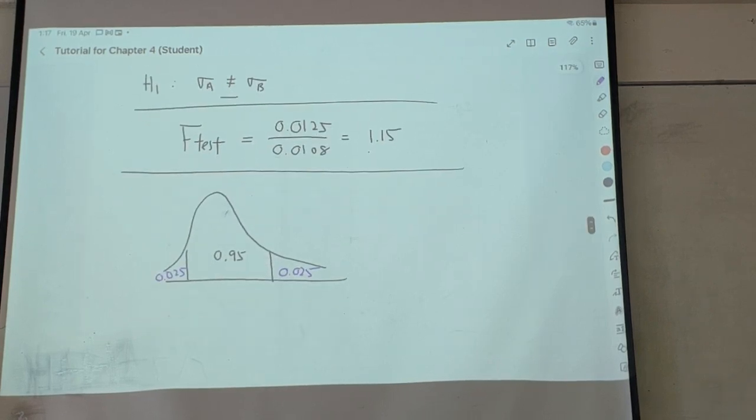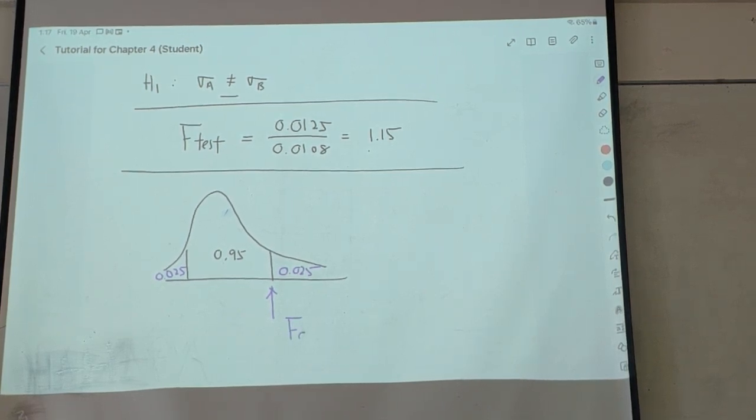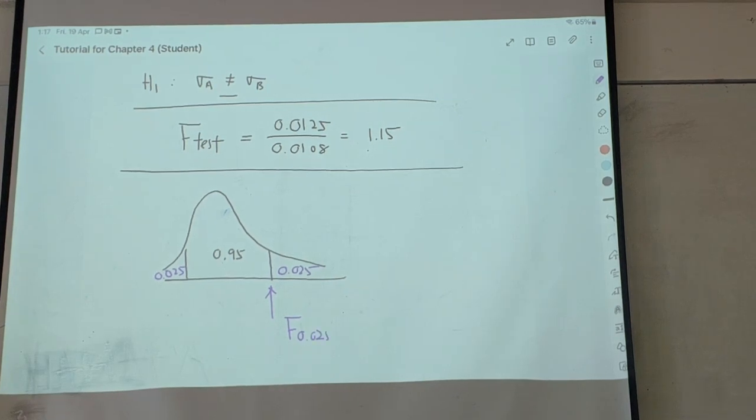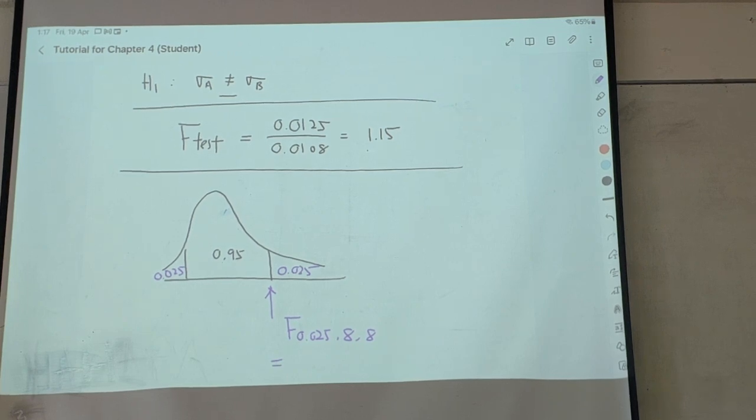So what is the critical value here? We can obtain it from the statistic table. This one is written 0.025. Degree of freedom, 9 minus 1, we get 8 because both are the same. Are you able to find what this is? No.